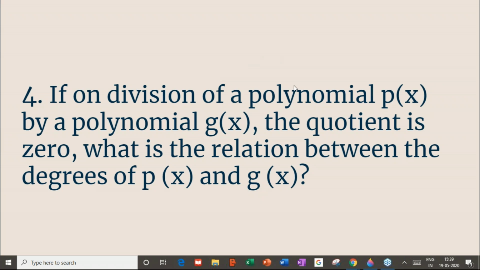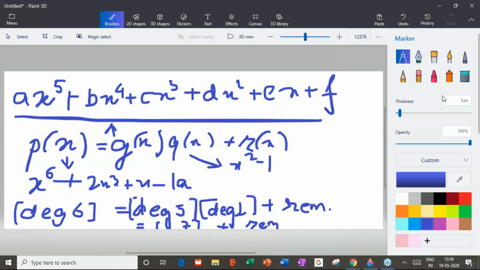Go through the question once. If on division, what does it say? Polynomial p of x is divided by g of x. The quotient is 0. When does this happen?